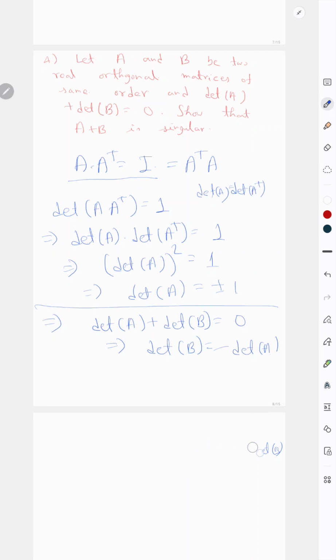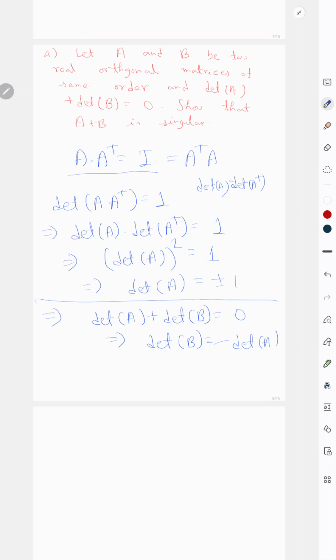So for this you have to take help from A transpose. If you multiply, then it will be okay, I think. So det B is equal to minus det A. Now find the determinant of A transpose B. This should be minus 1. Tell me why?